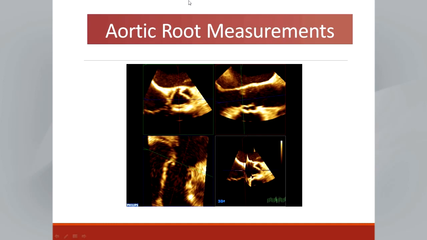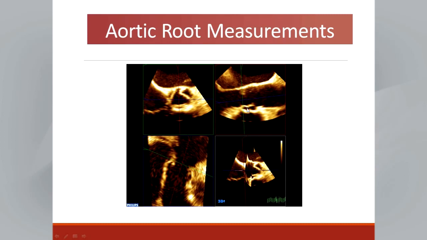And we would like to obtain these measurements between the right coronary cusp and this little nub in between the left and non-coronary cusp. That is how we should be aligned.